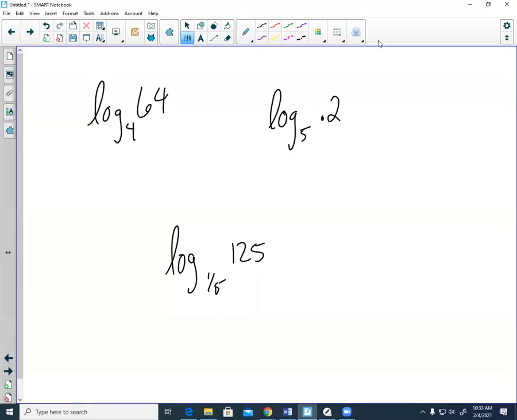All right, so the biggest idea you should come up with is switching these back to exponential form, right? I don't know what any of these equals, so the first thing I would do is put an x there, so I can very easily flip things back and forth. This is saying that 4 to the x power is equal to 64.